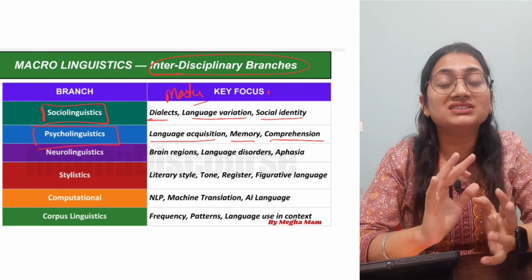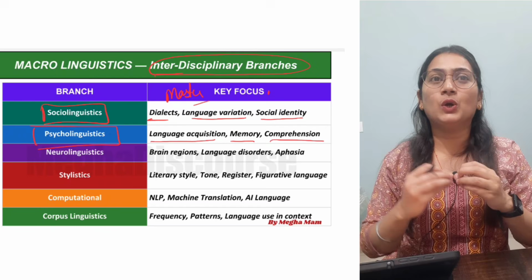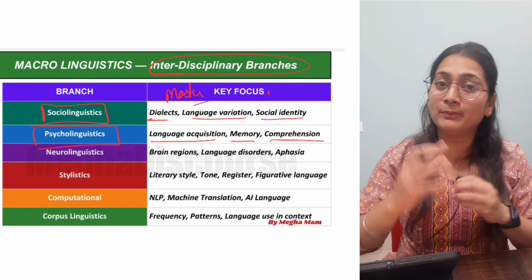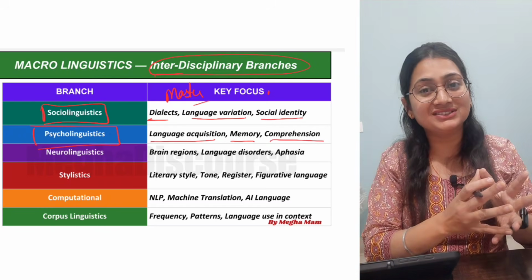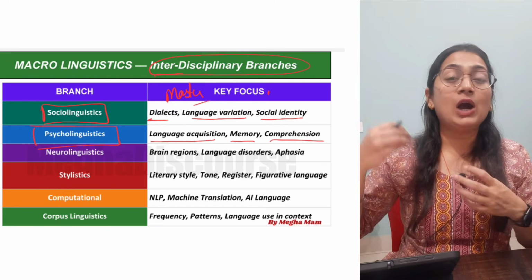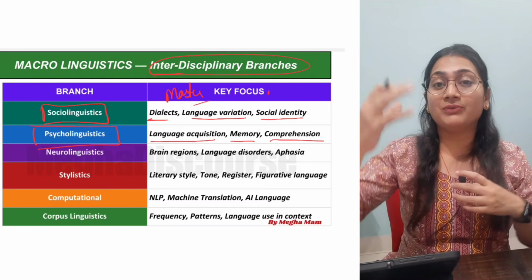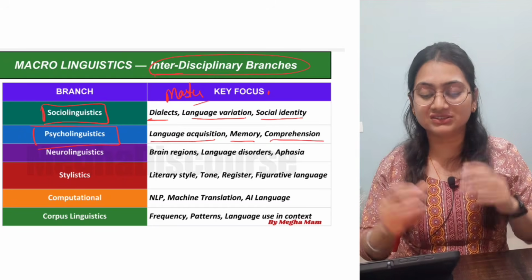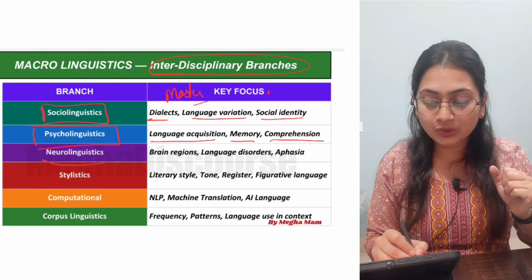This is because of mental tiredness, or you have passive vocabulary for that word. So this is called psycholinguistics: how we produce language, how we remember words, how our active and passive vocabulary works.